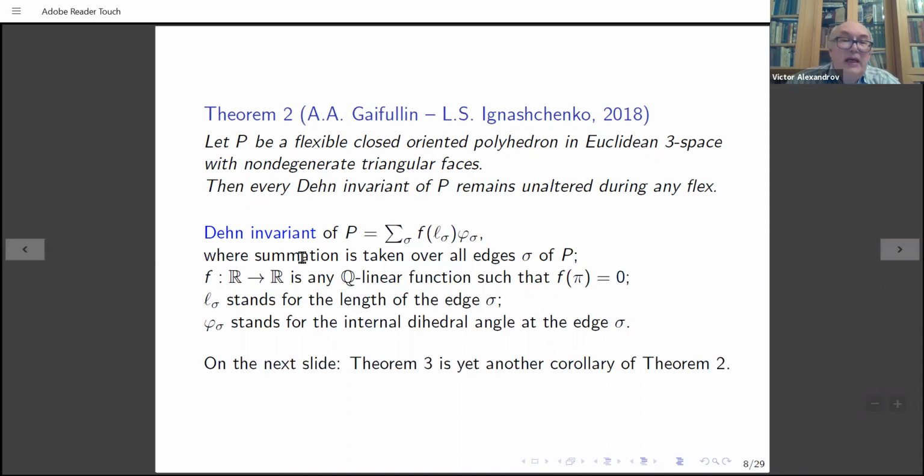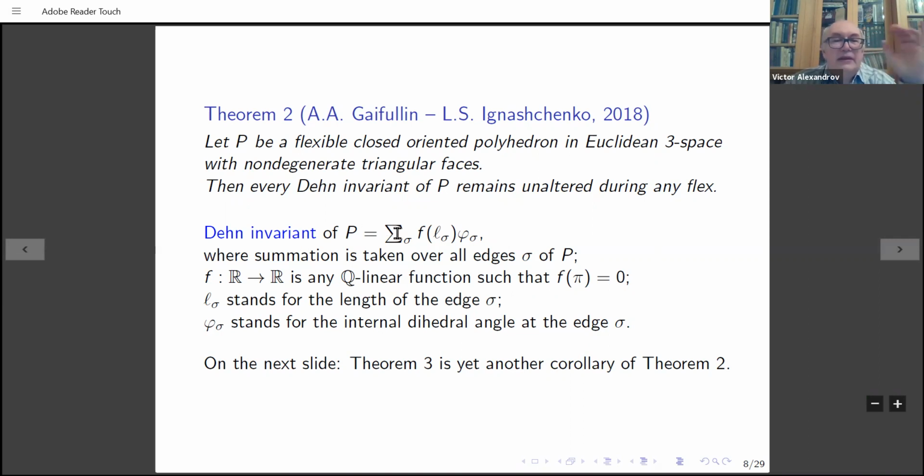Let me remind you what is the Dehn invariant of a polyhedron. In fact, this object can be defined in several ways, and I recall here the most classical definition.